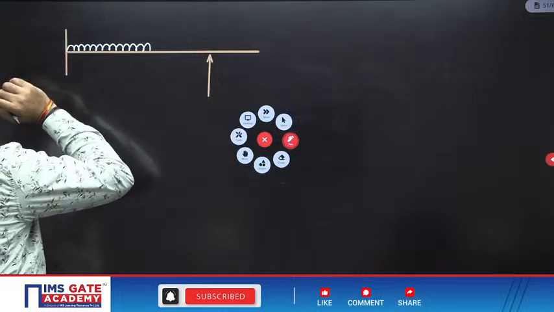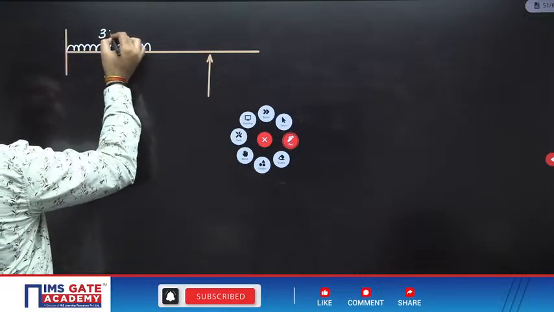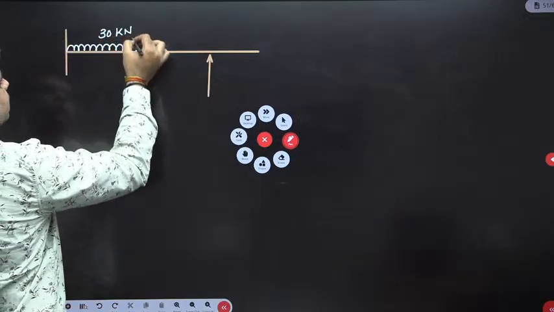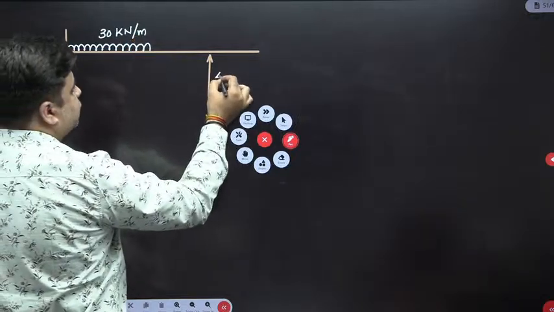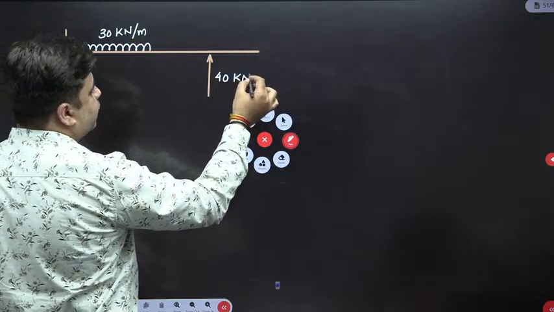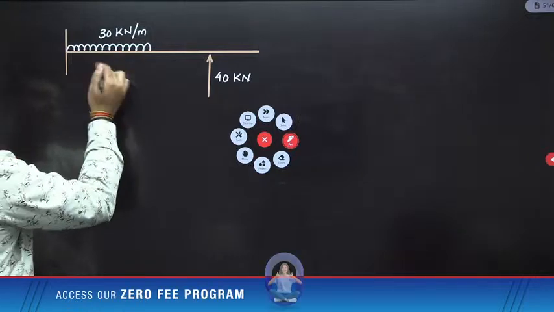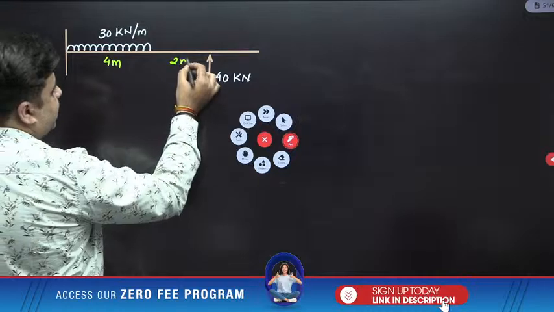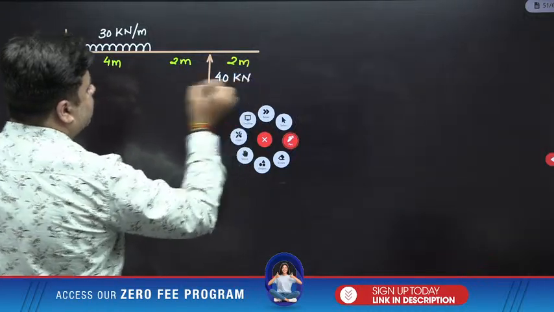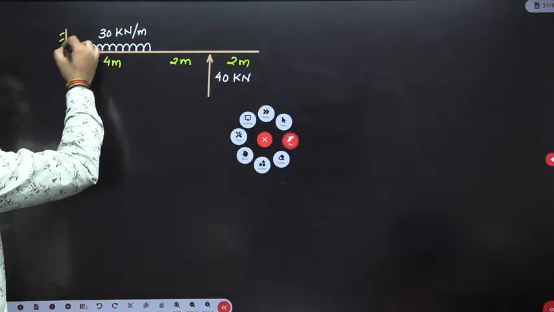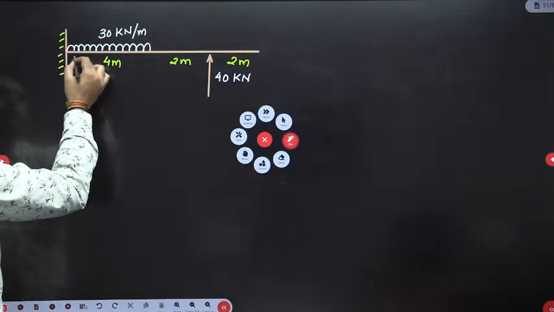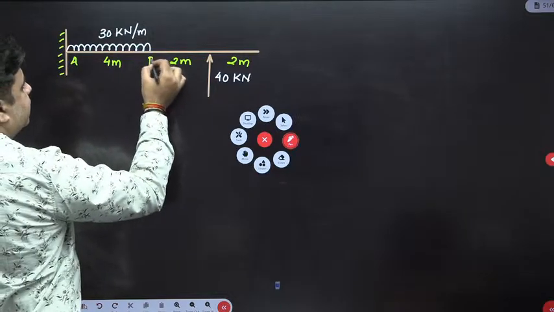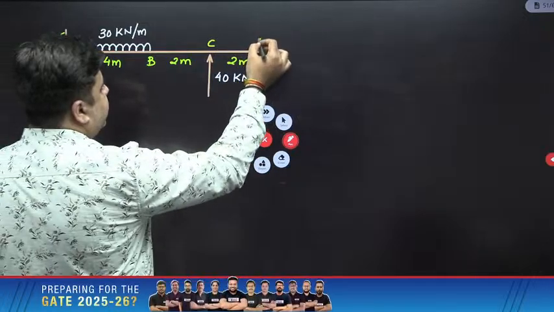This UDL is say 30 kilonewton per meter, and this point load is 40 kilonewton. This length is 4 meters. This length is 2 meter, and this length is 2 meter. This is point A, point B, point C, and point D.